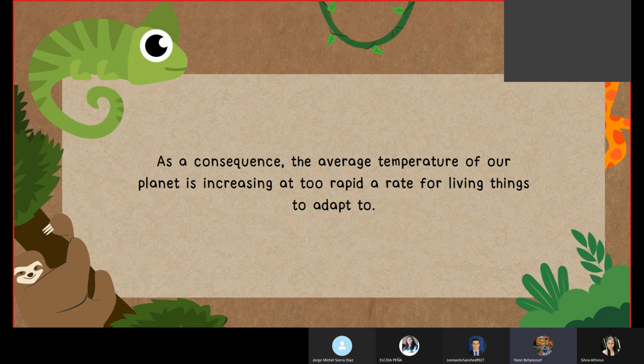As a consequence, the average temperature of our planet is increasing at too rapid a rate for living things to adapt to.